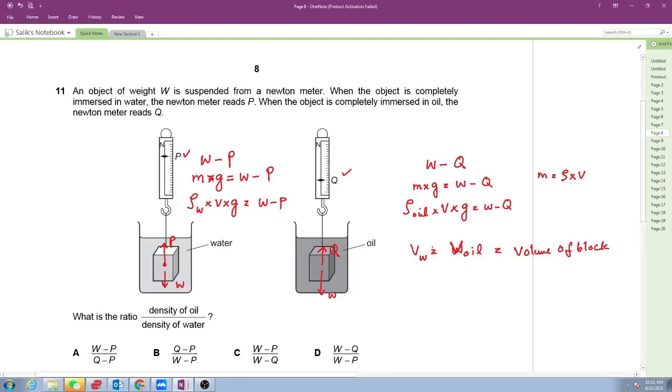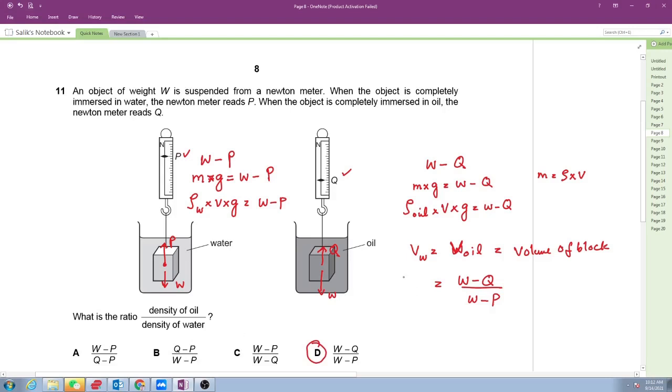Now we are going to find the ratio of the density of oil to the density of water. Density of oil times the volume of block times g, over density of water times the volume of water times g, is equal to W minus Q divided by W minus P. So D is the correct answer.